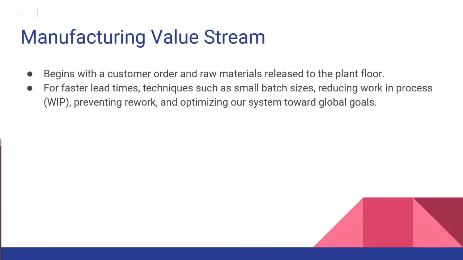Manufacturing the value stream. It's defined as the sequence of activities an organization undertakes to deliver upon a customer request, or the sequence of activities required to design, produce, and deliver a good or service to a customer, including the dual flows of information and material.